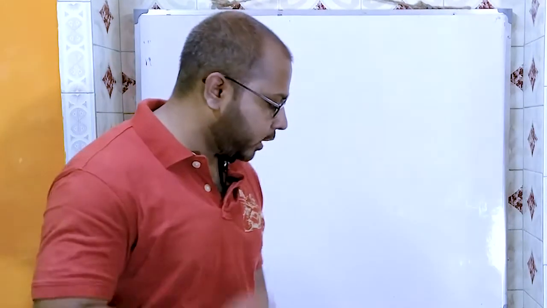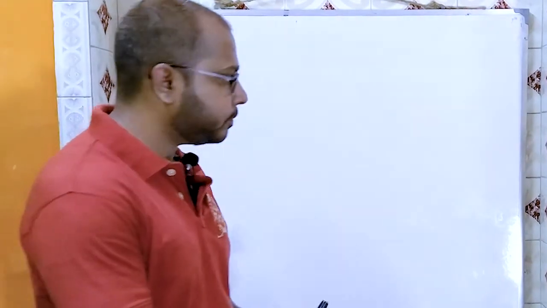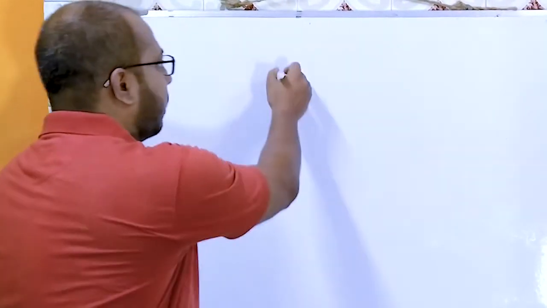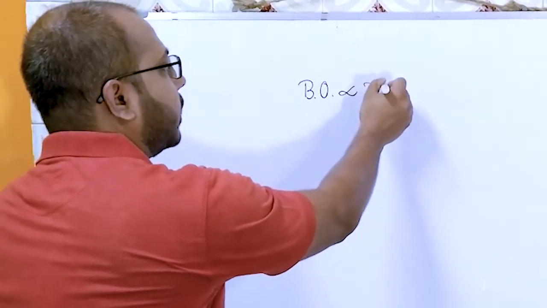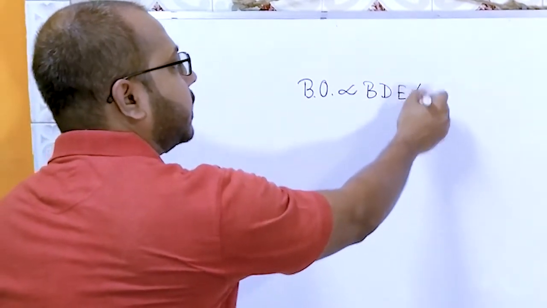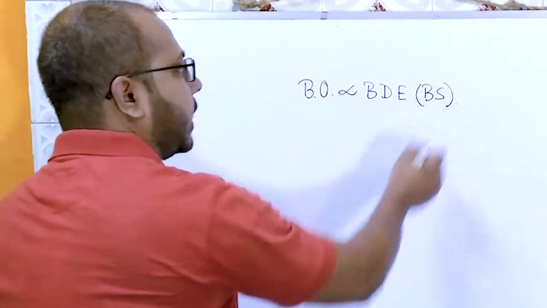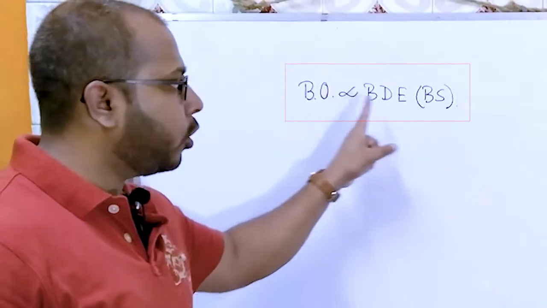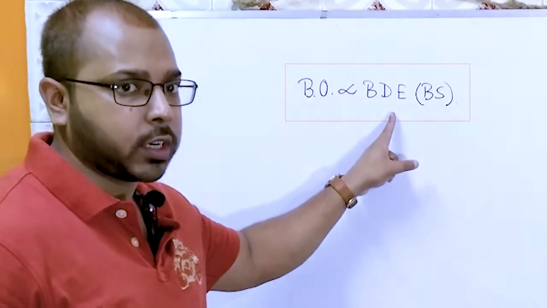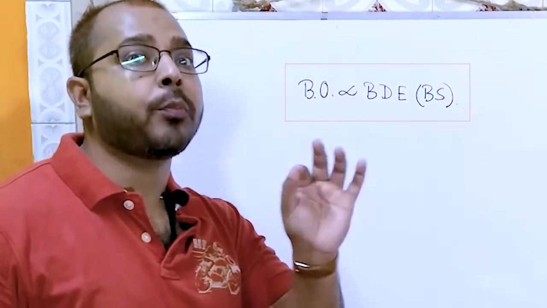First of all, we need to know one thing, that is bond order and bond dissociation energy, also known as bond strength. Bond order and bond strength or bond dissociation energy are directly proportional.